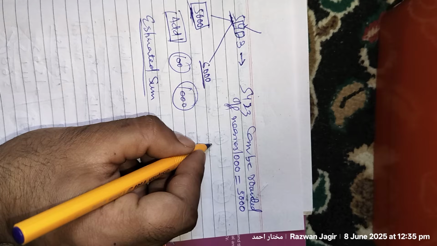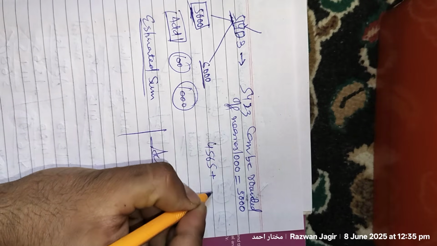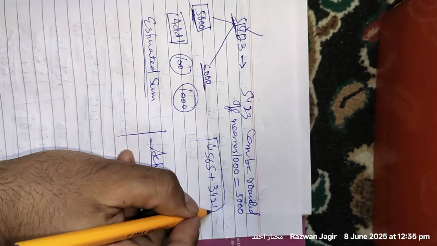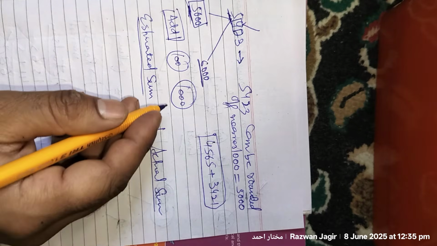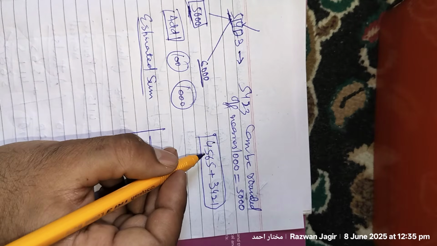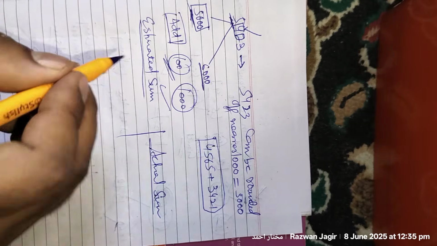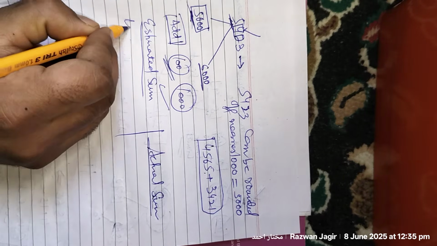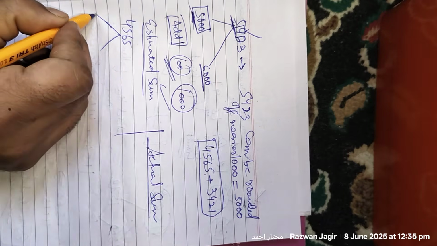For example, I have a number 4565 and another number 3421. We have to add these two numbers nearest to 100 and nearest to 1000. First of all, we are going to do the estimated sum, nearest to 100. So first we will do it nearest to 100. We know that this number 4565 can be rounded off nearest to 100.